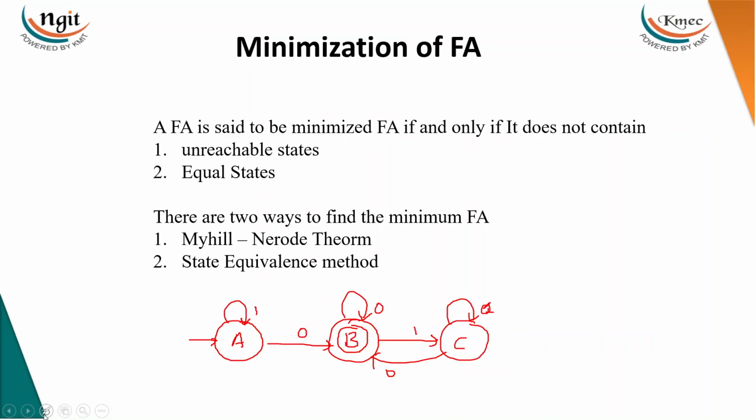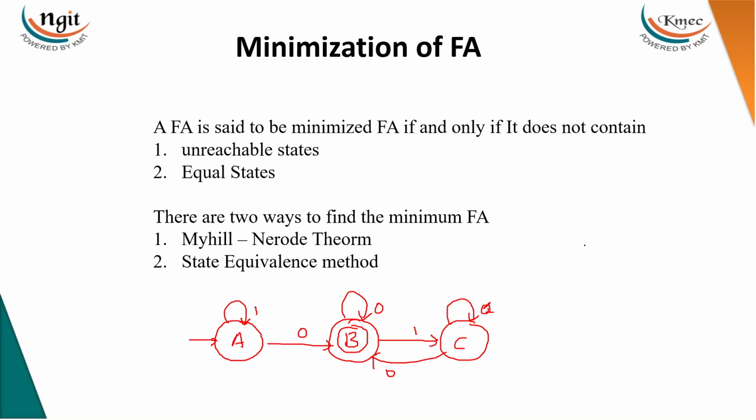First check whether you have any unreachable state or not. Of course, no unreachable state here. From A I can reach B, from A I can reach C. Reachable means there is no concept of a direct edge; something we cannot reach with a path is unreachable, but we can reach from A to C. No unreachable states.